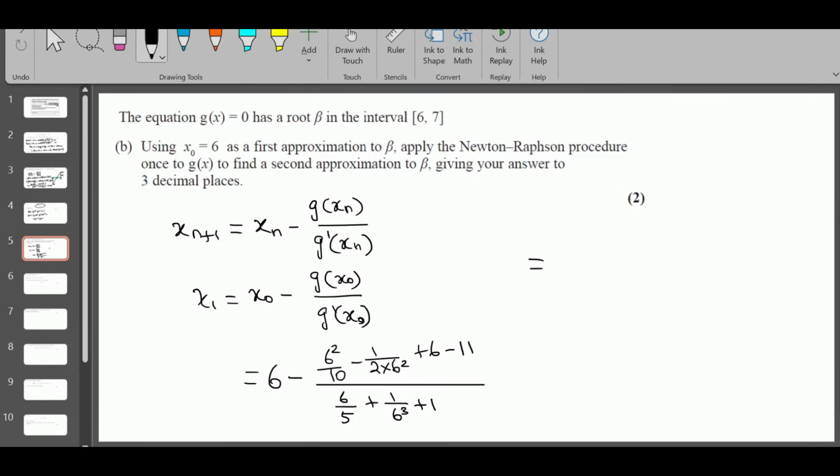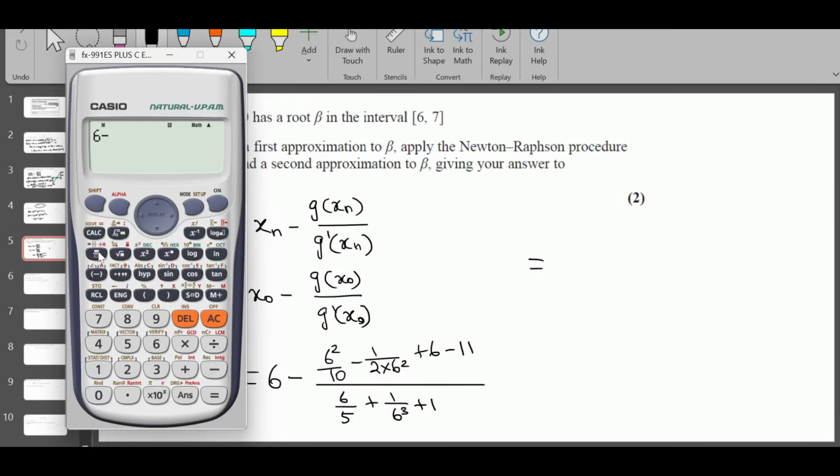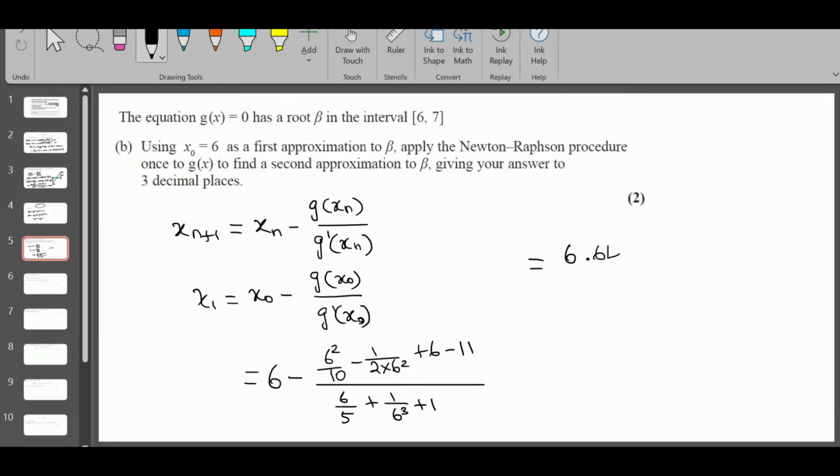Just get the value to 3 decimal places. 6 minus, 6 squared is 36, over 10 is 3.6, minus 1 over 2 times 36, which is 72, plus 6 minus 11, over 6 over 5 plus 1 over 6 cubed plus 1. I want the answer to 3 decimal places, so 6.641 is the answer.